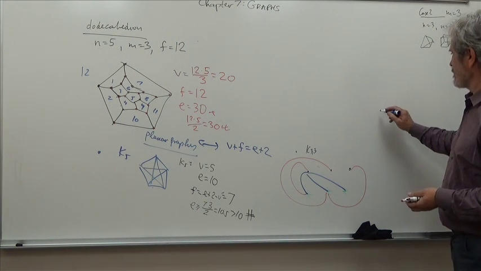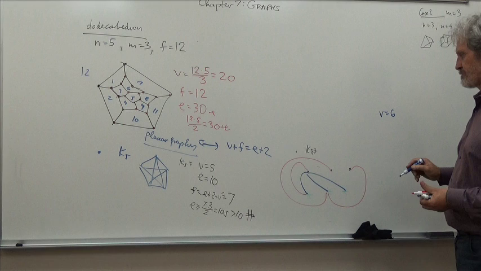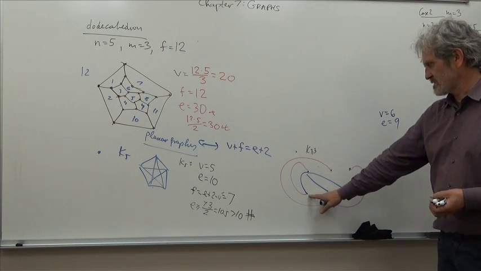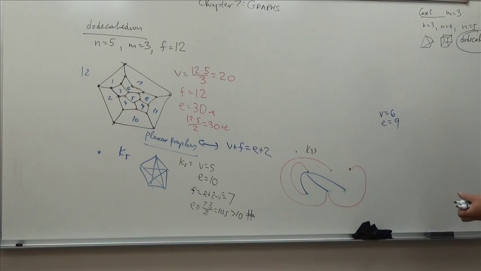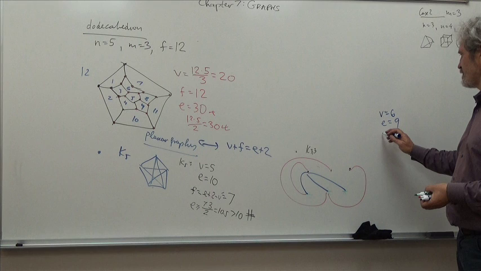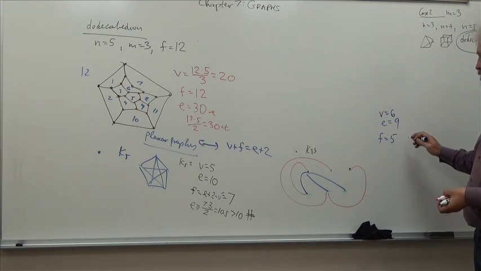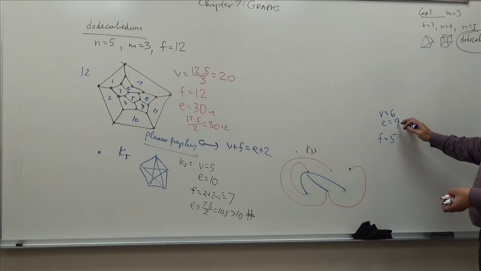Why is that? It's the same reason. For K33, the number of vertices is 6. The number of edges is 9, I think, because each star is connecting with 3 dots, and 3 times 3 is 9. So what's the number of faces then? It is 5. Why? Because edges plus 2 is 11 minus 6.